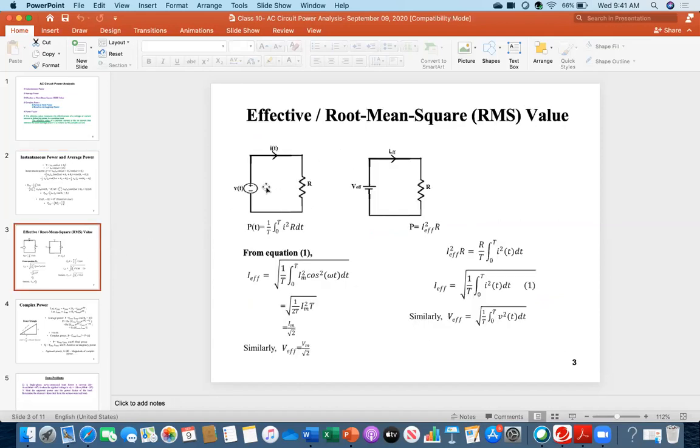So for this circuit, this is my average power: I square R, current flowing, I square R, then integration from 0 to T, times 1 over T, where T is the time period. Now, according to my definition, I am making an equivalence of these two circuits.